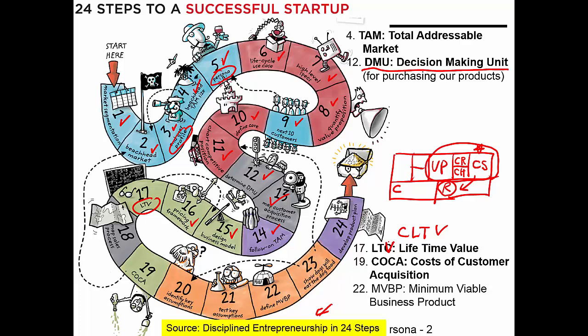Because sometimes it's very expensive for you to acquire a customer. You're actually losing money on the first few sales to a new customer. You should see that as a customer acquisition cost, which is actually step 9. It's the cost of customer acquisition. We call it COCA.